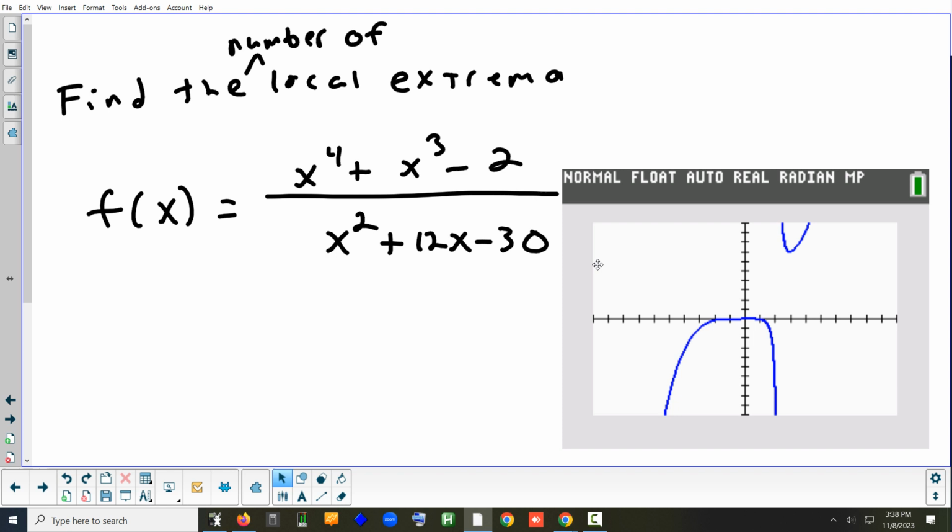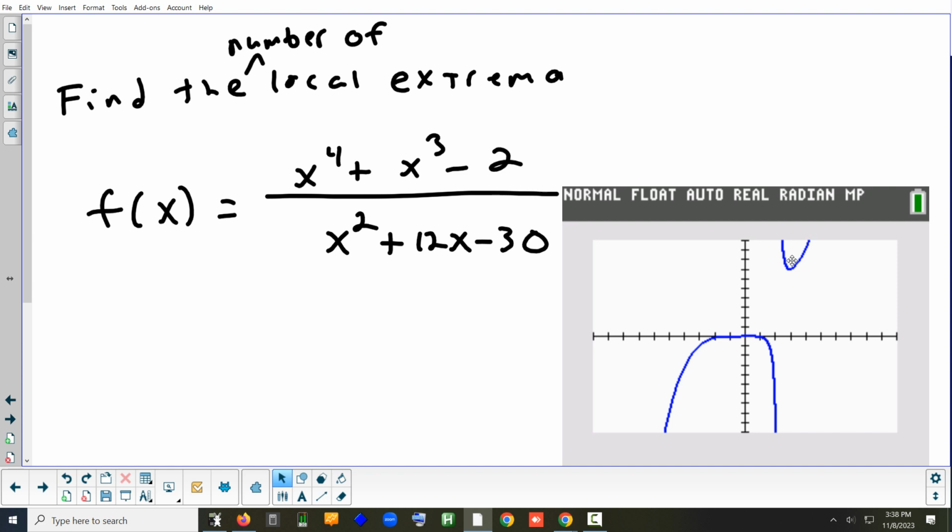I'm going to have to zoom in. It definitely has 1. I can see a local minimum right there. Now, it looks like there might be a maximum in the part that's close to the y-axis. Or maybe even there's another minimum. Maybe it dips down and goes up and comes back. Who knows? All right, so let's graph it and let's zoom in there.